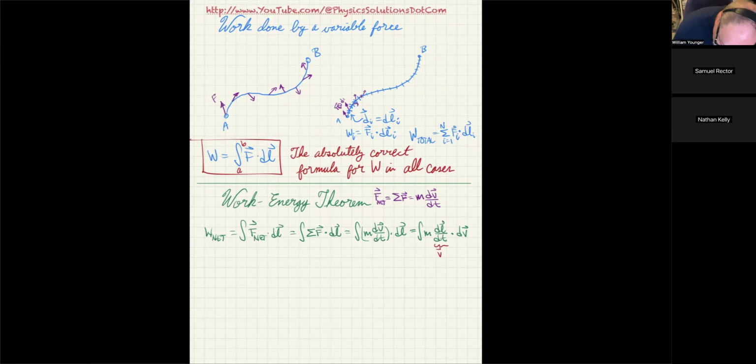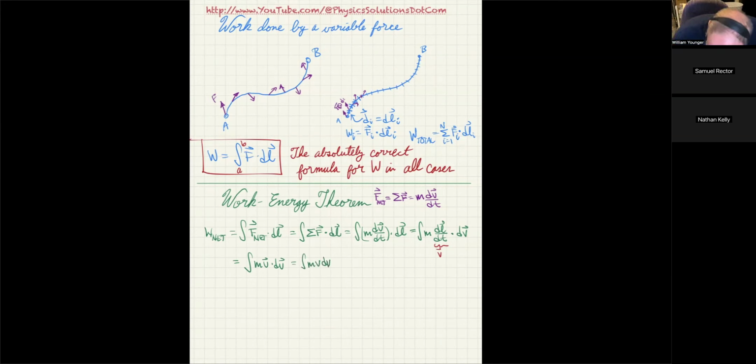So what we have here is the integral of mv dotted with dv, and a differential change in v is just a really small v, so they're parallel, the dot product becomes moot, and you end up with the integral of mv dv.